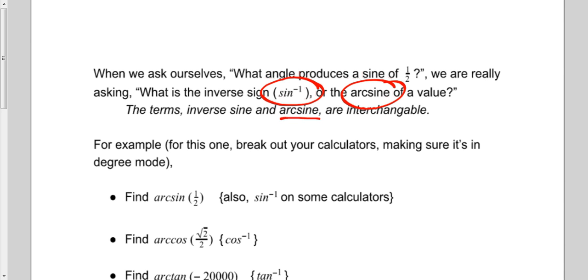Now, to change it, you hit this mode button, and see how it's in degree. You just hit that and go to radian, and then you're ready. Well, we're going to go into degree mode right now, okay? All right, so I want you to find arc sine of 1/2. Everybody do that and write down what you get.